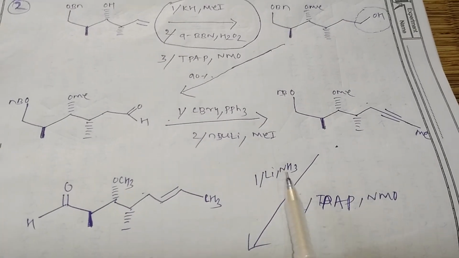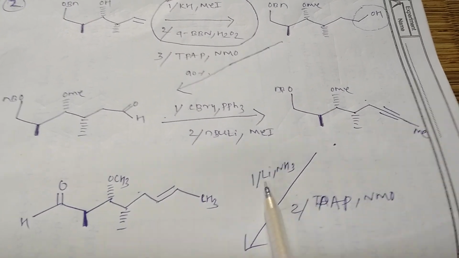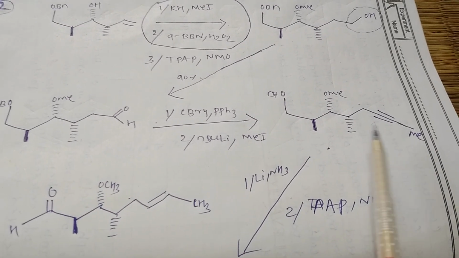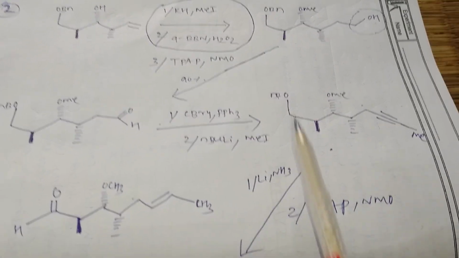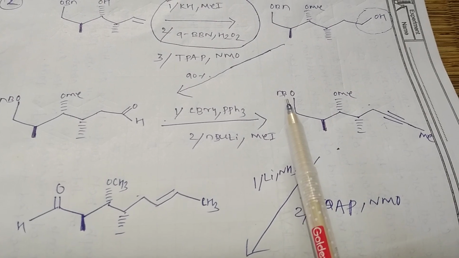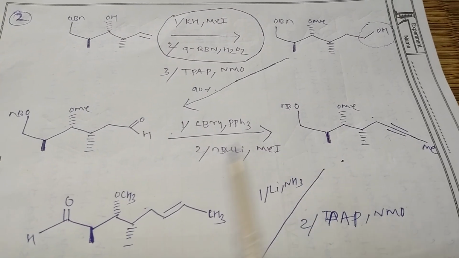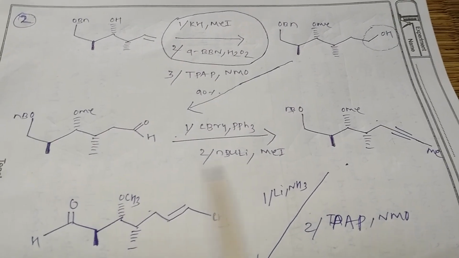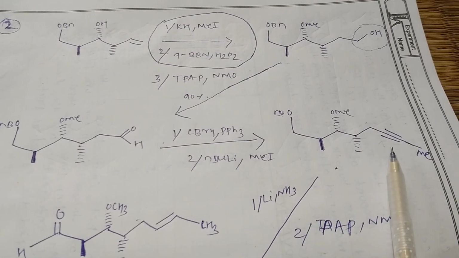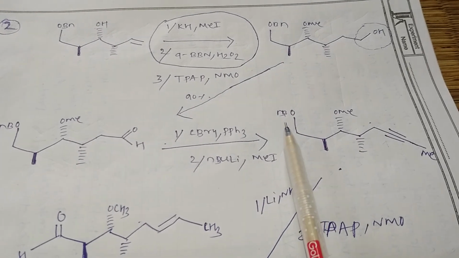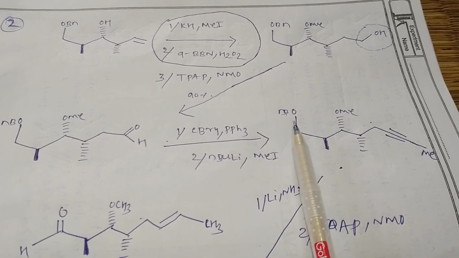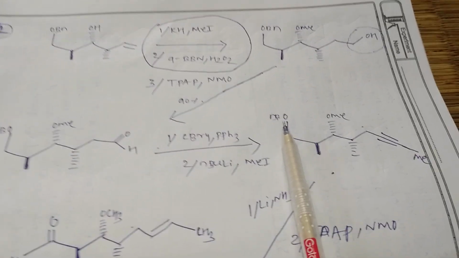And yes, lithium in ammonia can do two things. It can reduce the triple bond to the E-substituted double bond, and it can also deprotect this OBn group to OH alcohol. That means this triple bond is converted to the E-substituted double bond, and that OBn is deprotected to form the OH, primary alcohol.